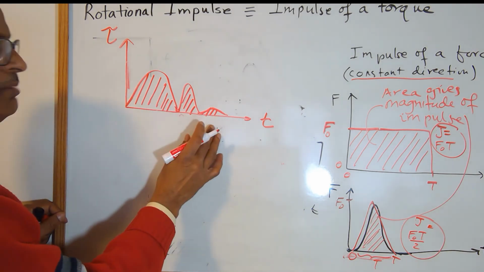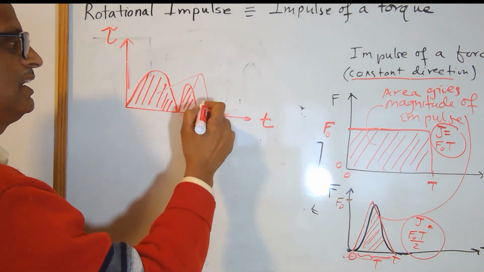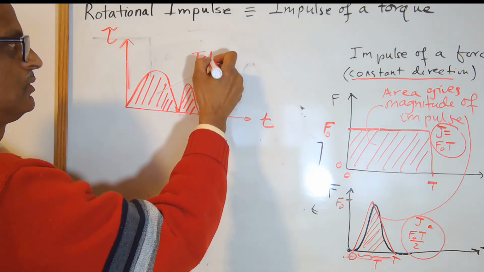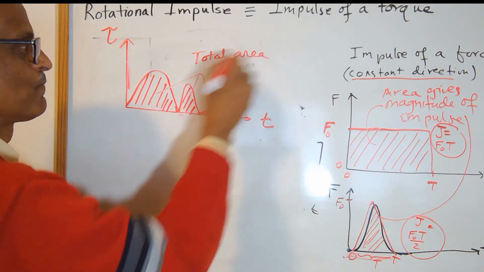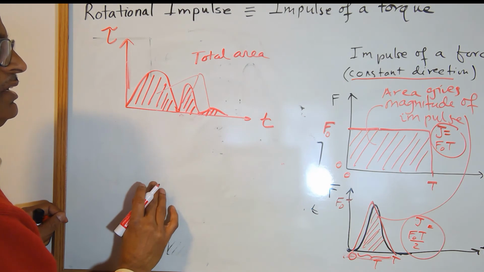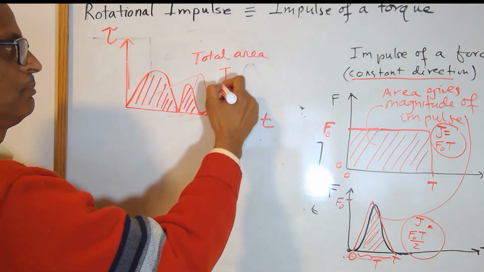It's kind of complicated. When I add up these areas, the total area gives me rotational impulse.